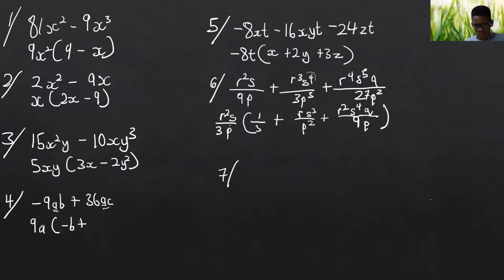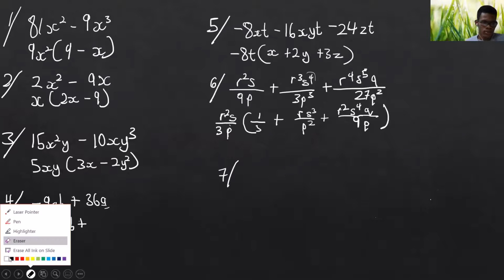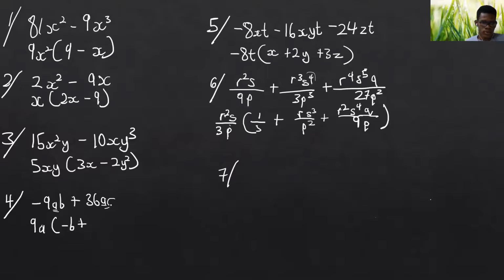Dividing the other term, we end up with 9A open bracket negative B plus 4C.